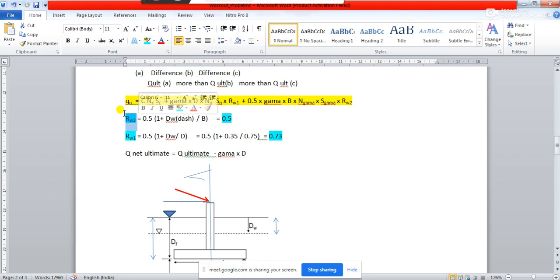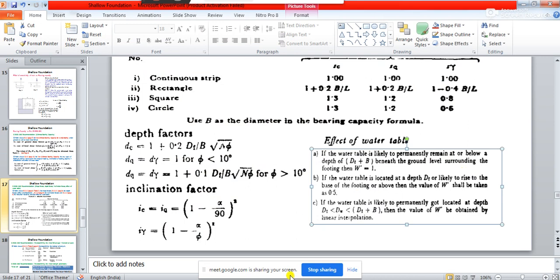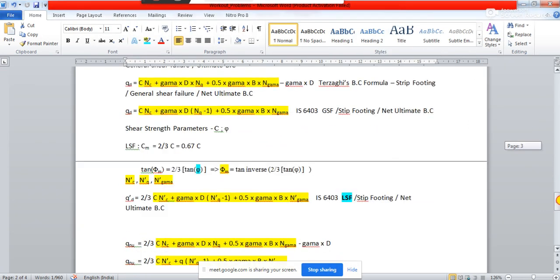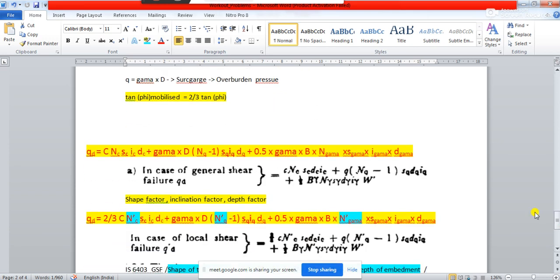And for RW1, see in the codal formula, as I mentioned in the previous class also, only to this B gamma N gamma term the water table correction factor is multiplied. However, into this D gamma D factor, this Q value, no RW is being multiplied.